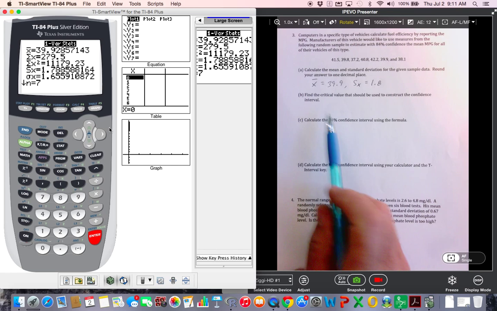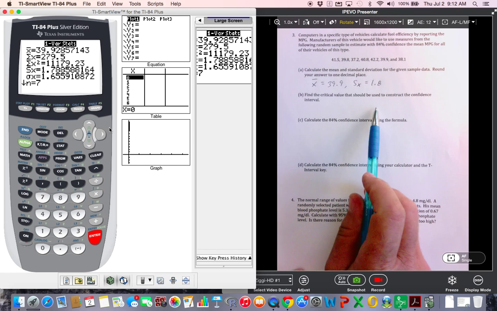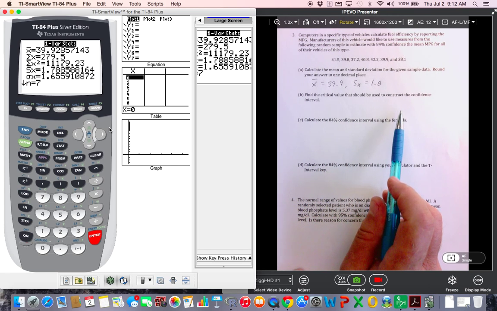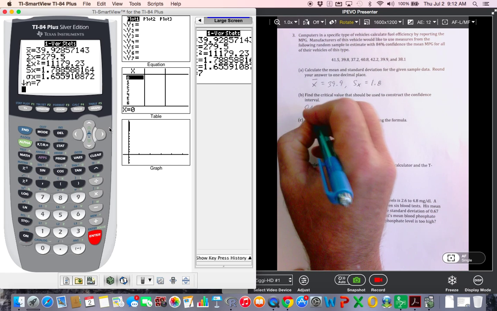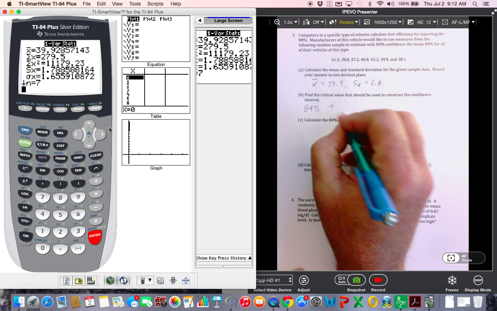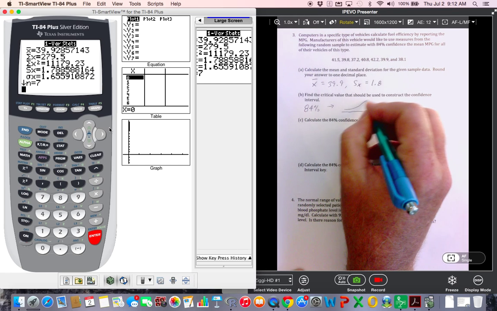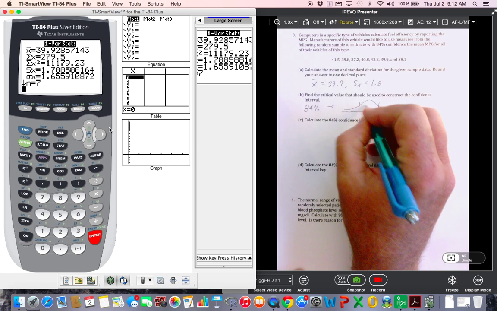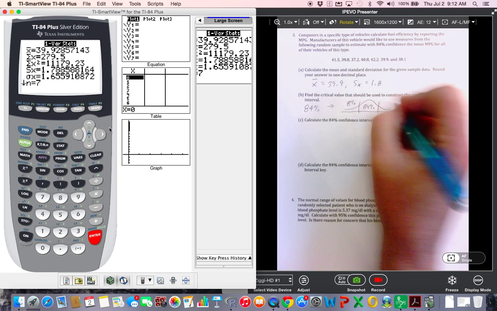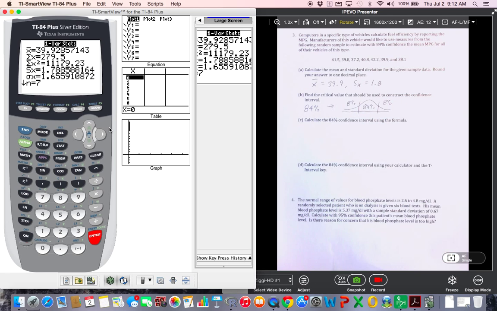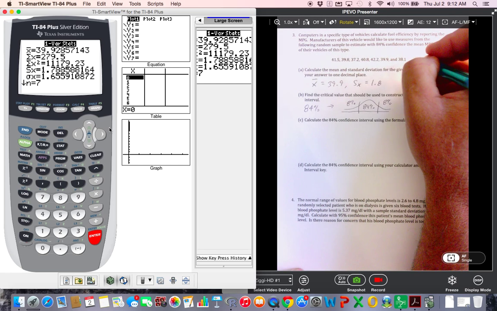All right, gang. Find the critical value that should be used to construct the confidence interval. Well, it looks like we're going with 84%. So, gang, use the same old approach, right? How much is missing? 16%. Half of it here, half of it there.